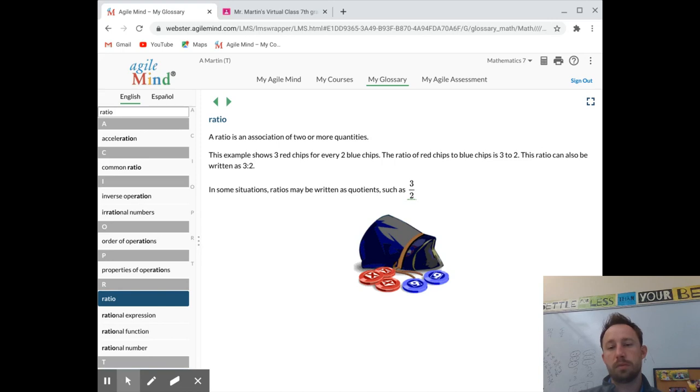The ratio of red chips to blue chips is 3 to 2. This ratio can also be written as 3 to 2. In some situations, ratios may be written as quotients, such as 3 over 2. Correct.